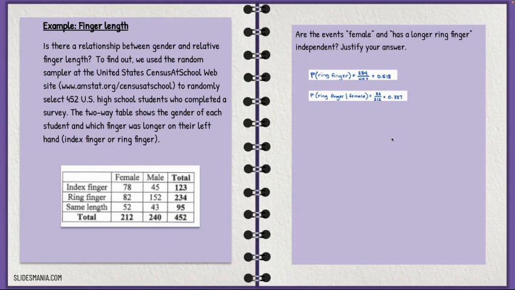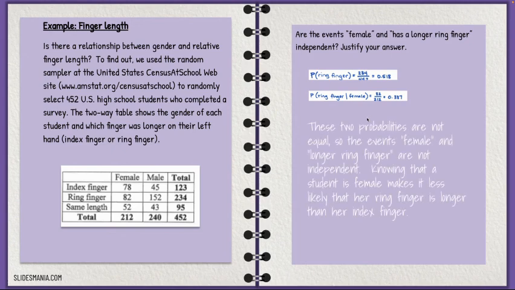They are not the same, so they are not independent. The two probabilities are not equal. So the events female and longer ring finger are not independent. Knowing that a student is female makes it less likely that her ring finger is longer than her index finger.